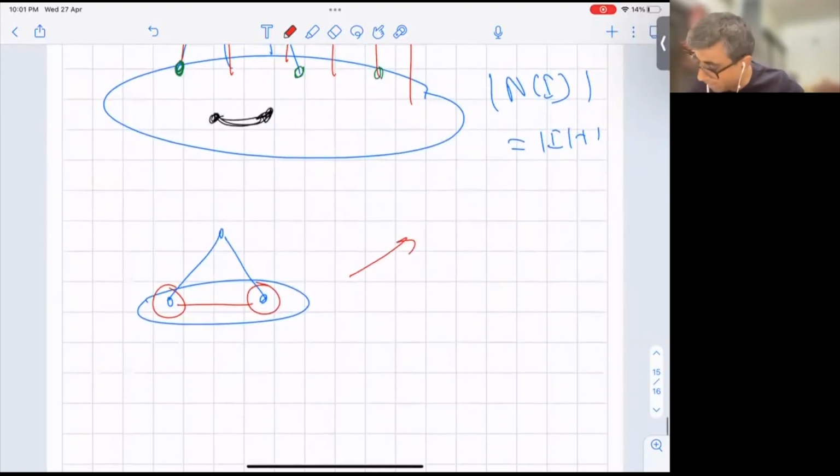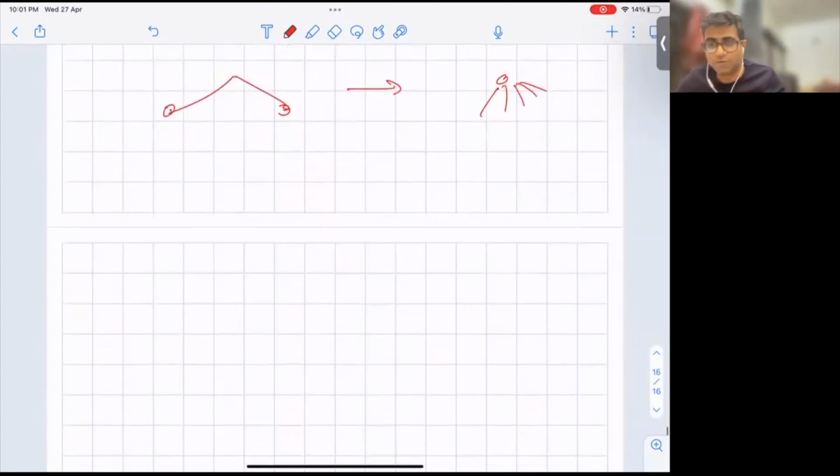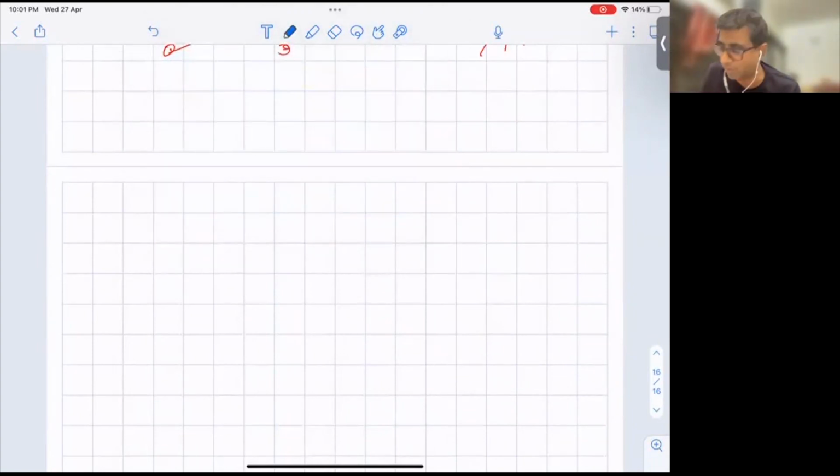But if you recall correctly, if it was an independent set, then we did what we call folding. Remember, we deleted these 2 vertices, put 1 vertex and did this. Okay. So our new reduction rule is going to be as follows. It's exactly the same thing.